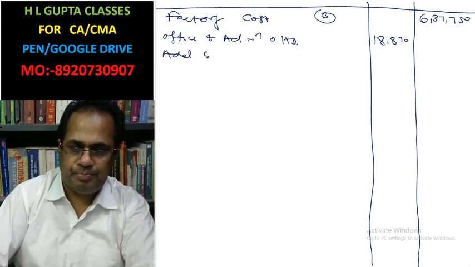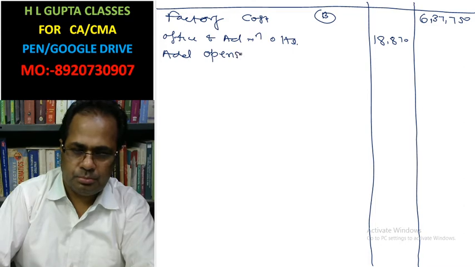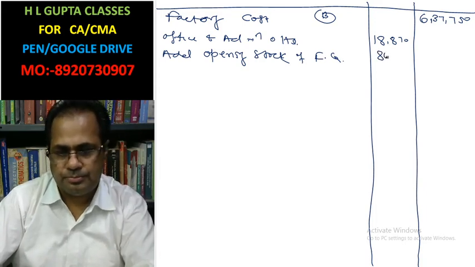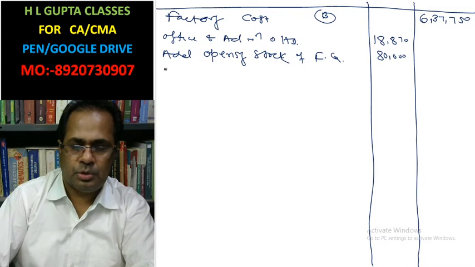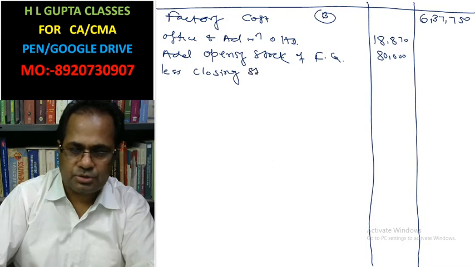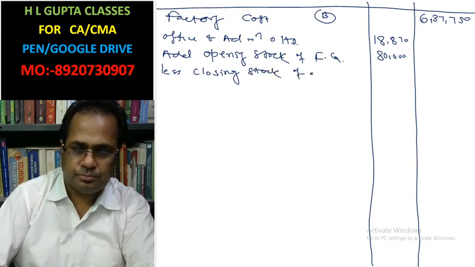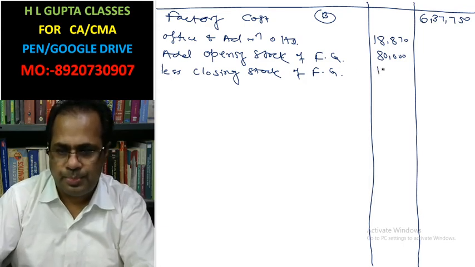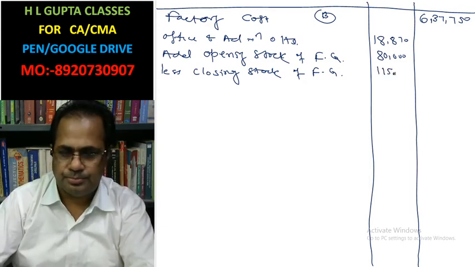Add opening stock of finished goods 80,000, less closing stock of finished goods 1,15,000.